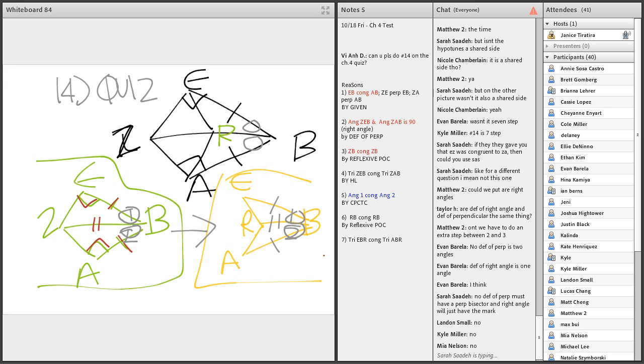My cursor's not working. Hello. Uh-oh, my internet's kind of going away. Okay. And then this one is blue. And back to the original is blue. So all of these blue items will help us prove this magical ending.